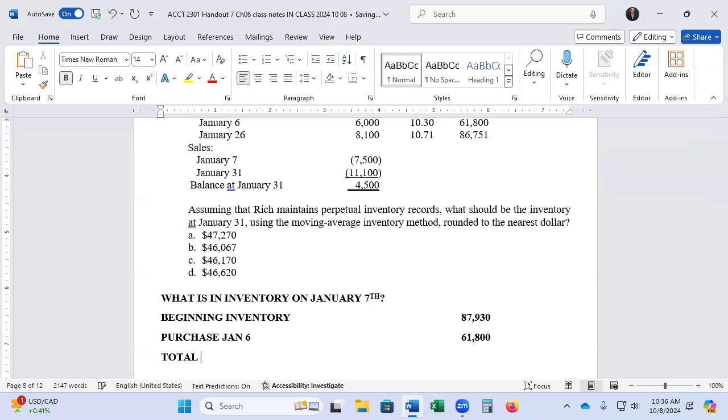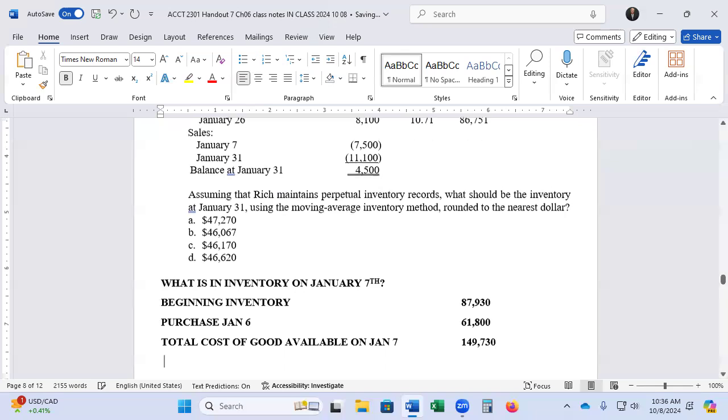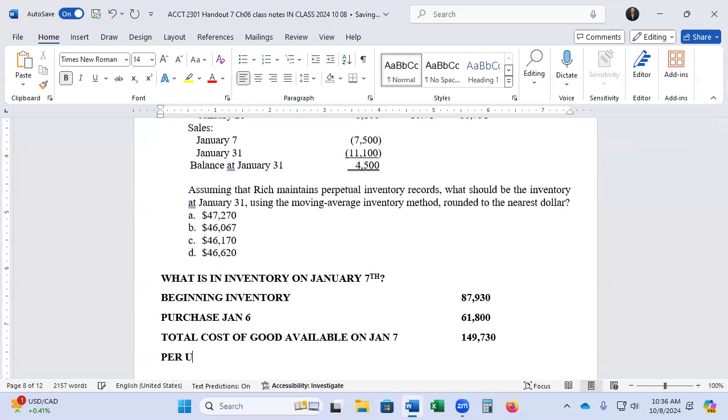Okay, and so total cost of goods available on January 7th. I get 149,730.